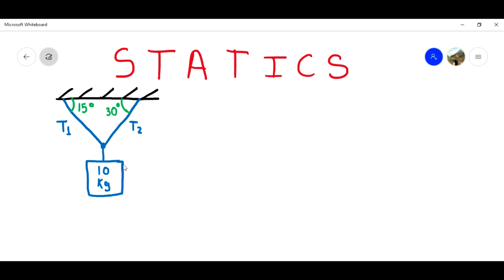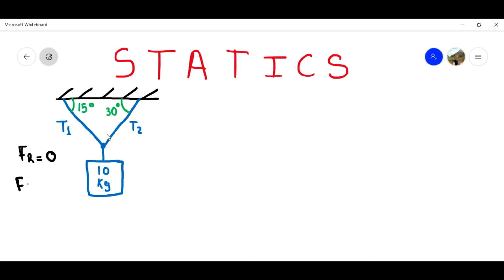So we can say that the whole system is going to be in balance. In order to have a system in balance, the sum of all forces must be equal to 0, which means the resultant force equals 0.